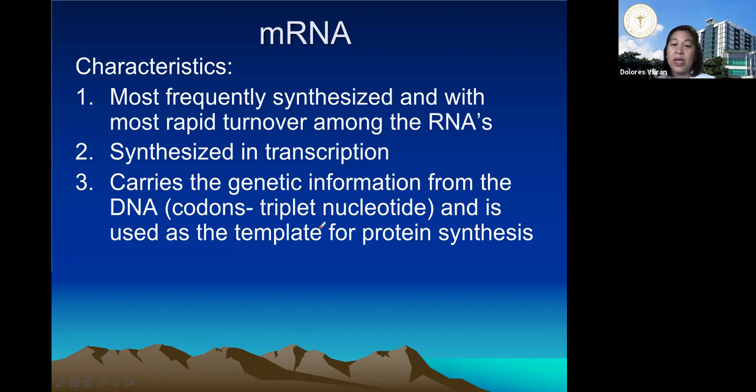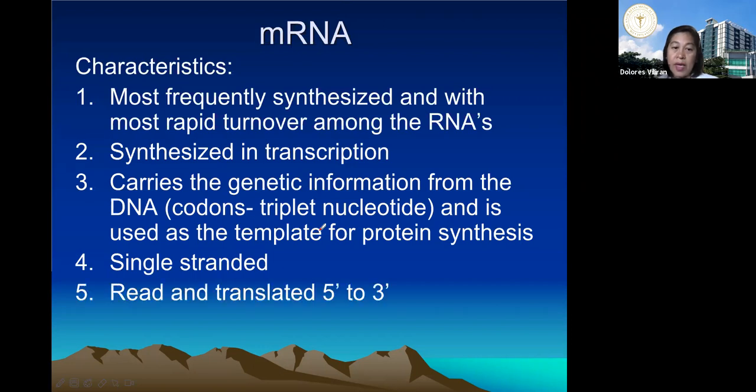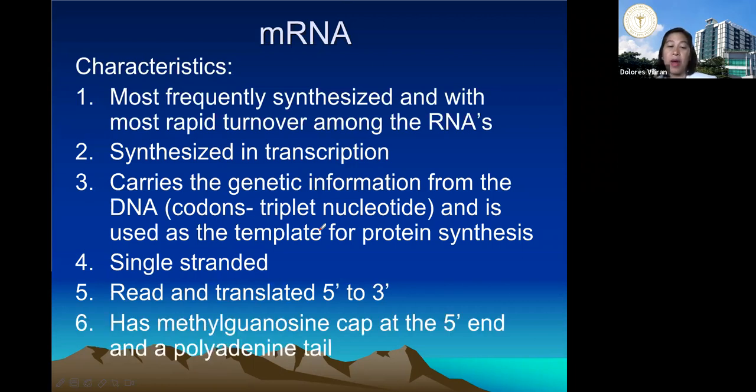And it is used as the template for protein synthesis. It is again single-stranded and read and translated from 5' to 3'. To recognize mRNA, it has a methyl guanosine cap at the 5' end and a polyadenine tail at the 3' end.